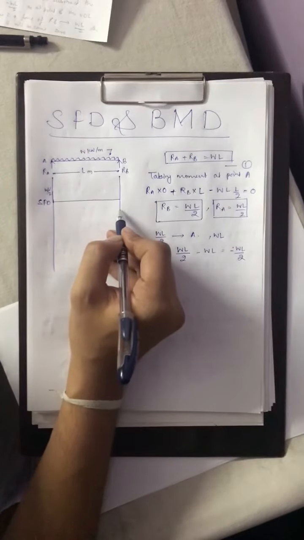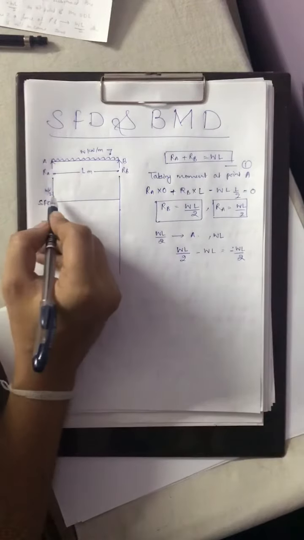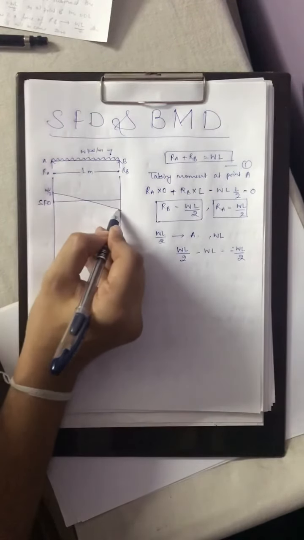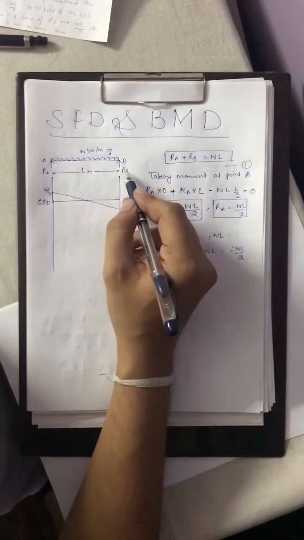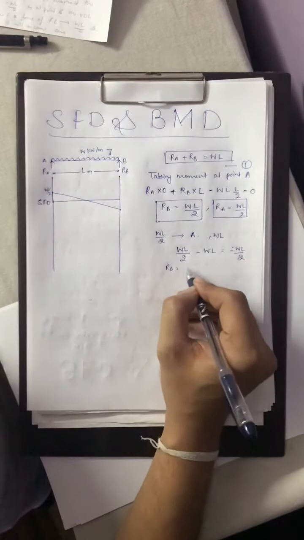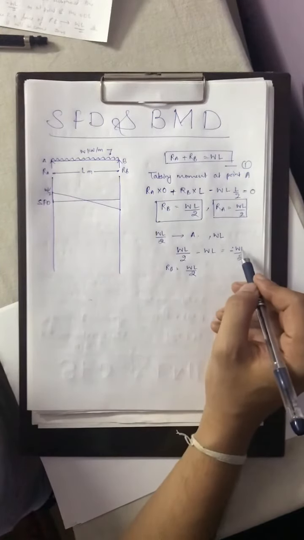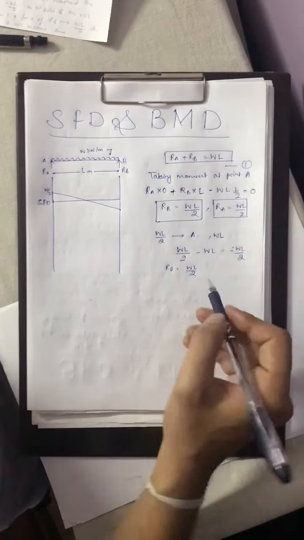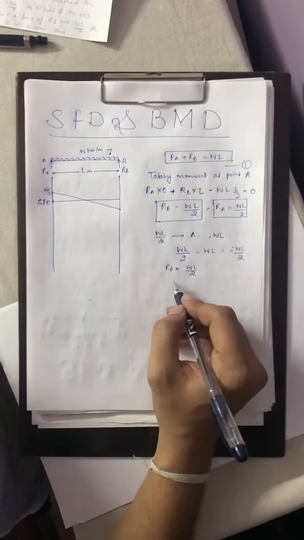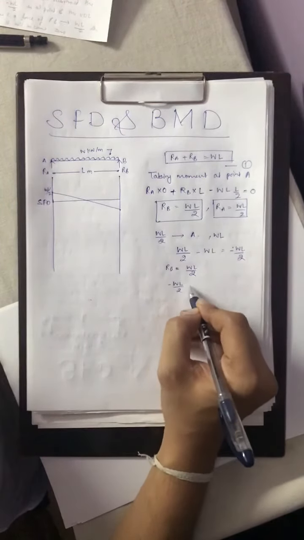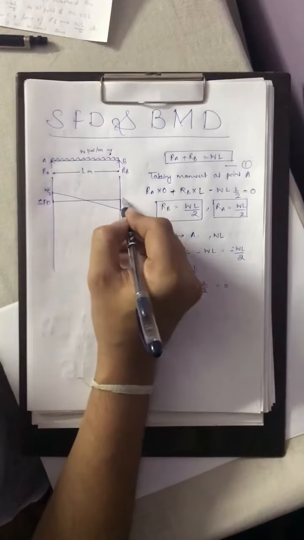So at point B the value of shear force is minus WL by 2, and the shear force diagram will go linearly like this. At this point we already have the reaction RB, the value of RB is WL by 2, and it will get added to the minus WL by 2 force, because RB is acting upward. So minus WL by 2 plus WL by 2 becomes 0.